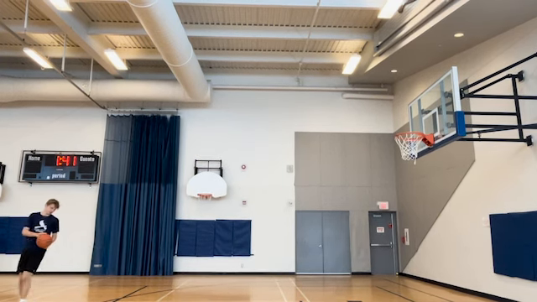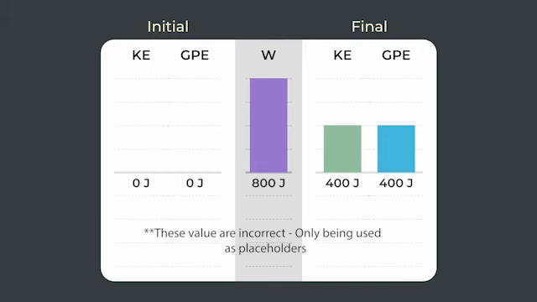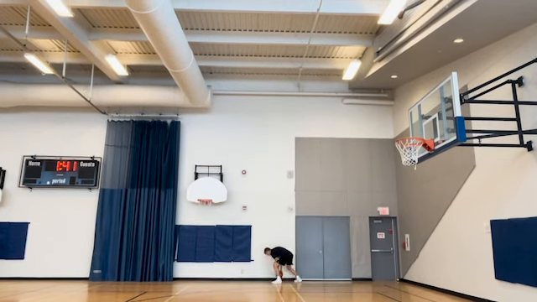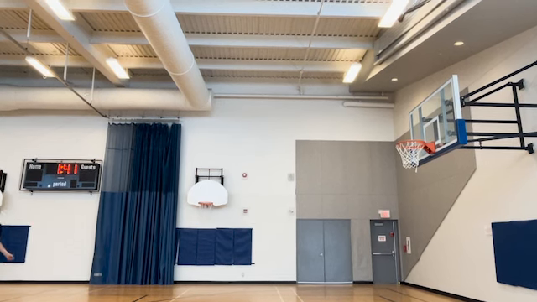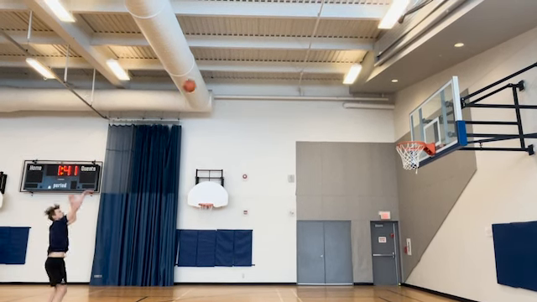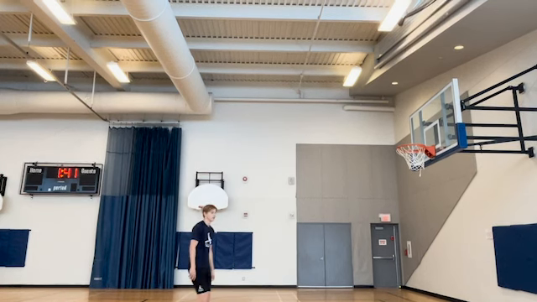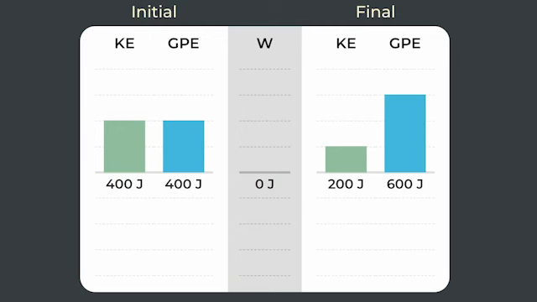Next is energy transfer. The shooter's muscles do work on the ball. Immediately after launch, most energy is kinetic. Kinetic energy equals half of mass times velocity squared. For m being around 0.6 kilograms and velocity equaling around 8 meters per second, that's around 19 joules. As the ball climbs, some of that kinetic energy converts to gravitational potential energy, where potential energy equals mass times gravity times height.